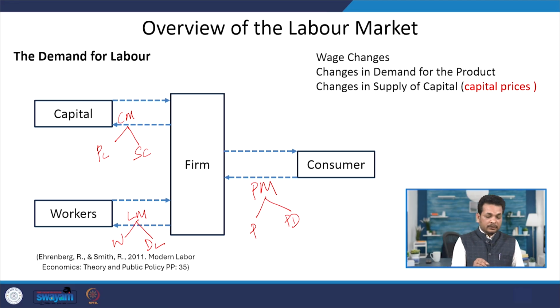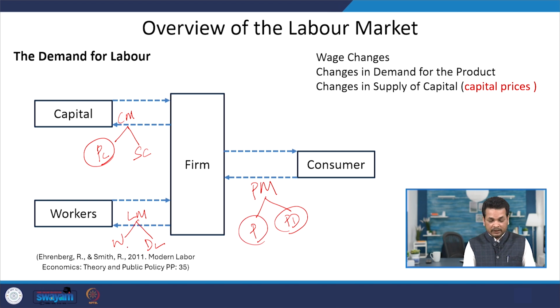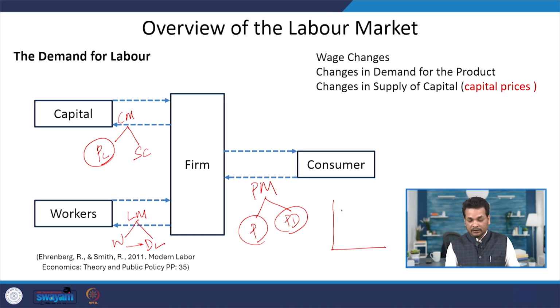When keeping the price of capital constant, the product demand constant, and the price of product constant, when we draw the relationship between wage and the demand for labor, we find this is downward sloping. So, we are moving along the demand function.